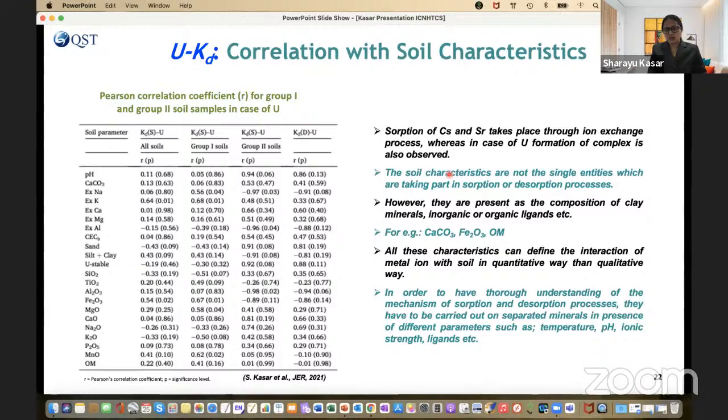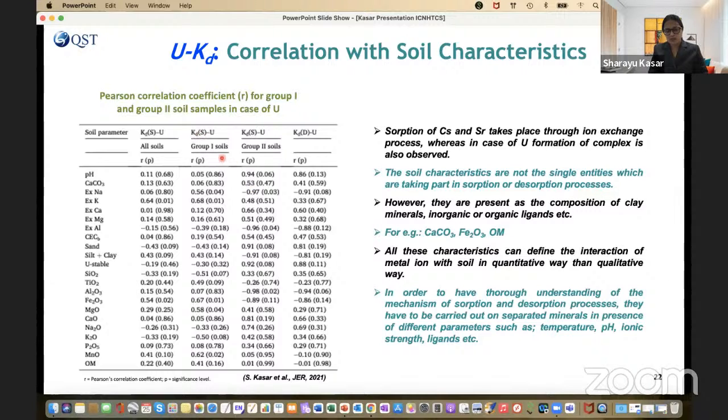environment. So in case of cesium and strontium sorption, if it is taking an ion exchange process, then in case of uranium, we observe that complexation is also playing a role in uranium sorption. The table here, which I am showing, is sorption, desorption, and its correlation with soil characteristics.